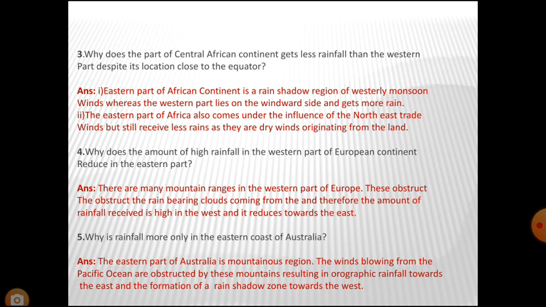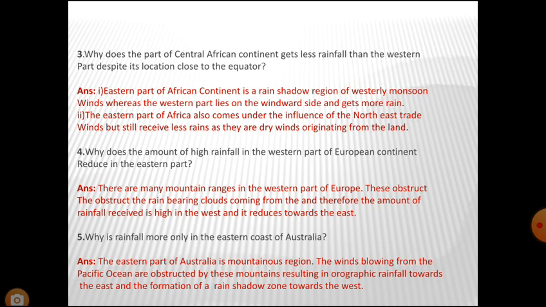Now fourth one is, why does the high rainfall in the western parts of the European continent reduce in the eastern part? So there are many mountain ranges in the western part of Europe. You can see in the world map that there are many mountain ranges in the western part of Europe.